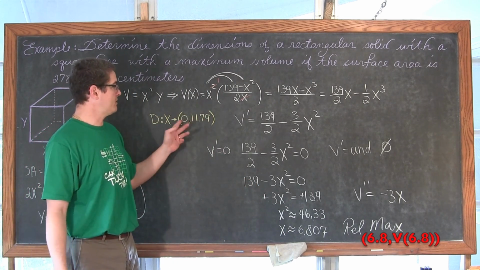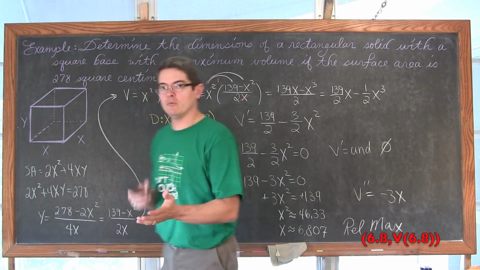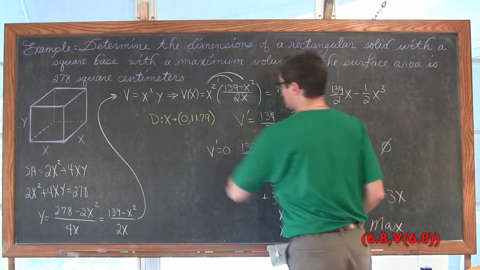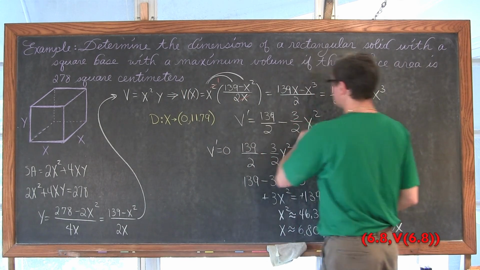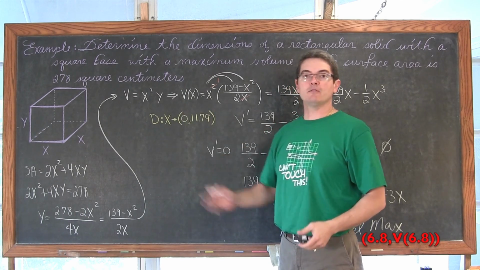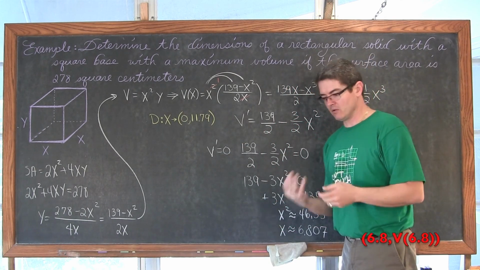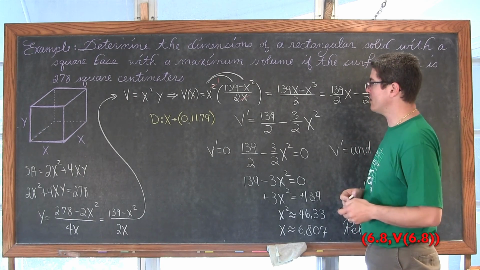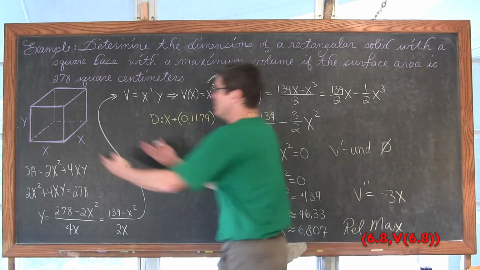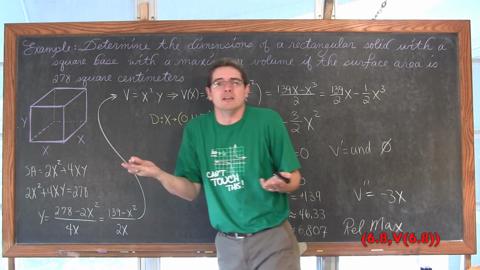But this is an open interval, so it wouldn't be appropriate to take the value of 0 and plug it into the volume, because you can't find max or mins, whether absolute or relative, on an open interval, because you're just getting infinitely close to these values. And if x was 0, I wouldn't even have a solid, right?